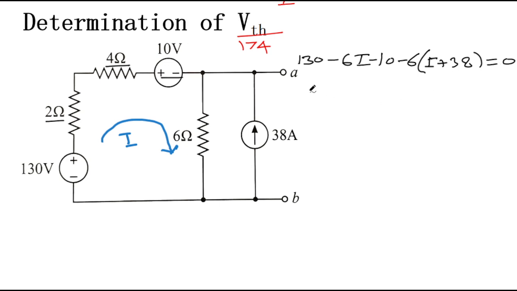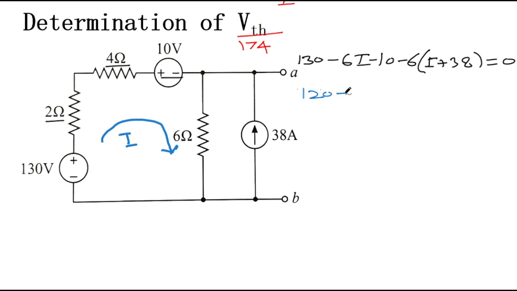So that is 130 minus 6I minus 10. So 130 minus 10 will become 120. So let me put here 120. 120 minus 6I, let me use the color blue also here.